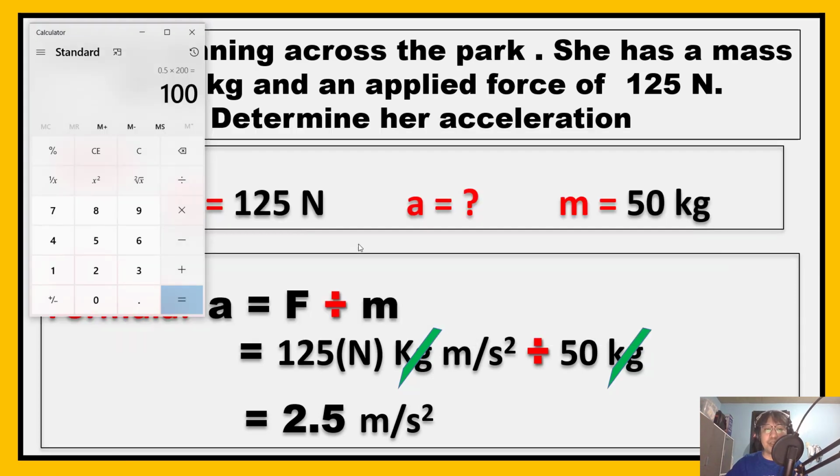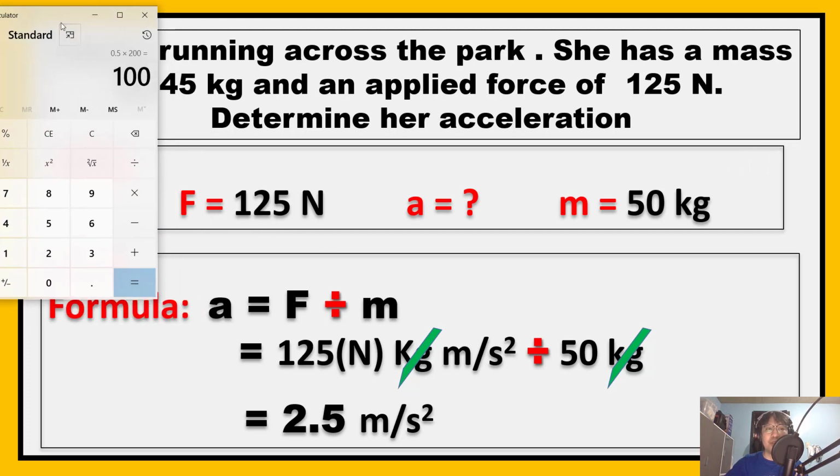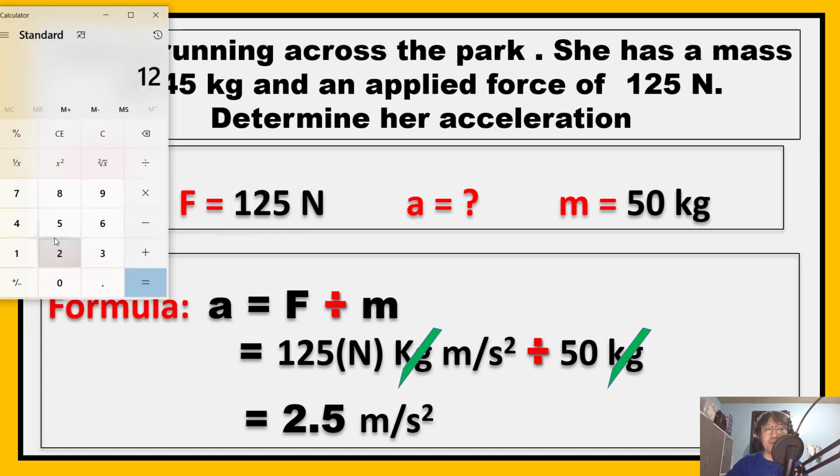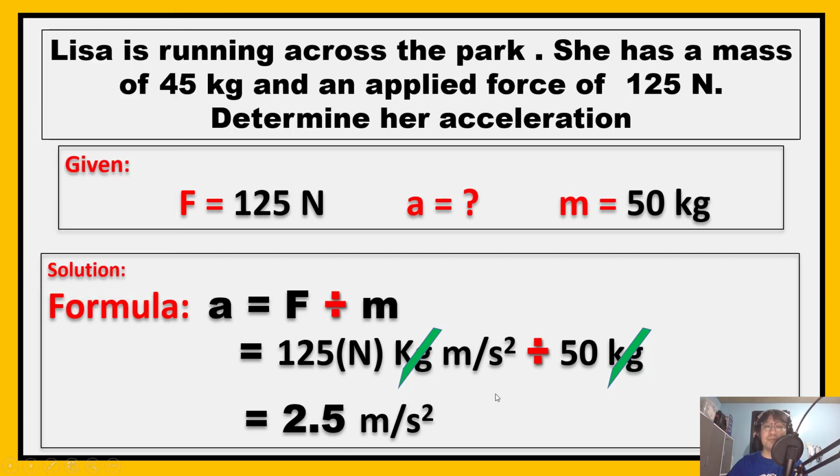Let's get the calculator. Force of 125 divided by 50. So 2.5 meter per second square as its unit. Acceleration is 2.5 meter per second square.